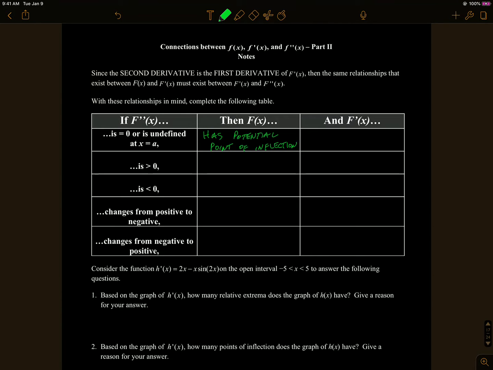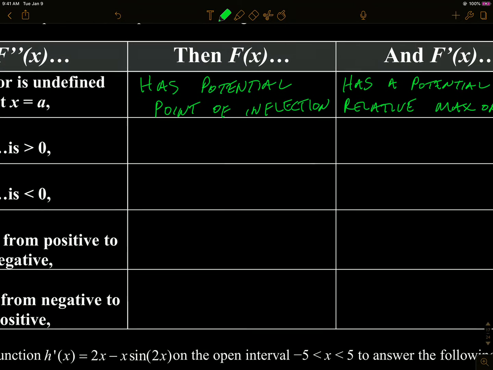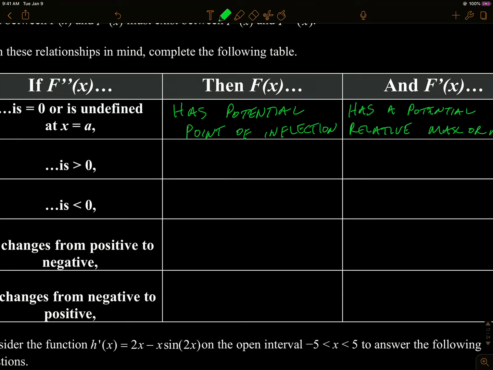And f prime has a potential relative max or min. So again, keep in mind that that's just because the second derivative is really just the derivative of the first derivative. So that's what's going on there.